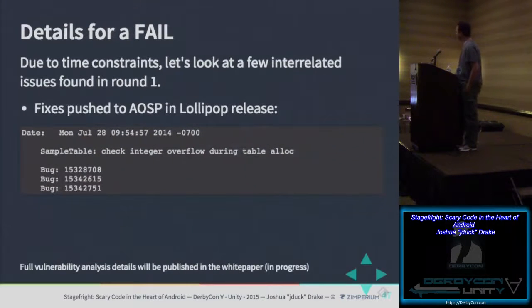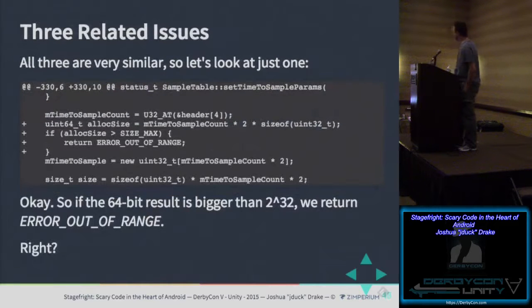Okay, so I mentioned before those CVEs that the Intel guys got credit for and were fixed in AOSP. These are these 3 bug numbers, and this is the commit message for the fixes. Well, it turns out, here's the diff. They were like, okay, well, there's an integer overflow down here when you try to multiply the size of a UN32 with some stuff.